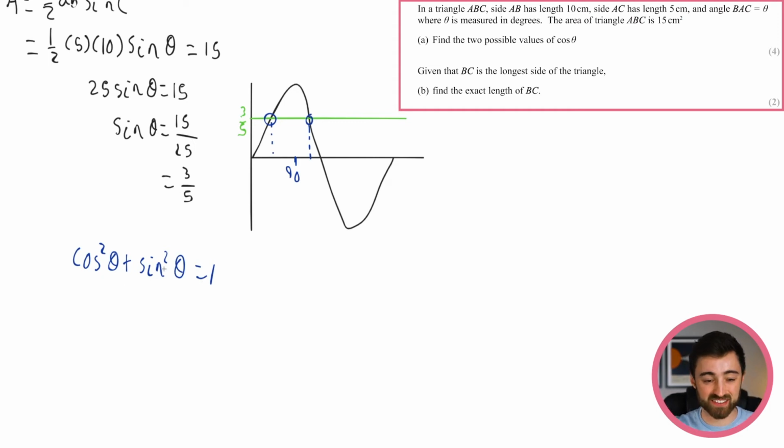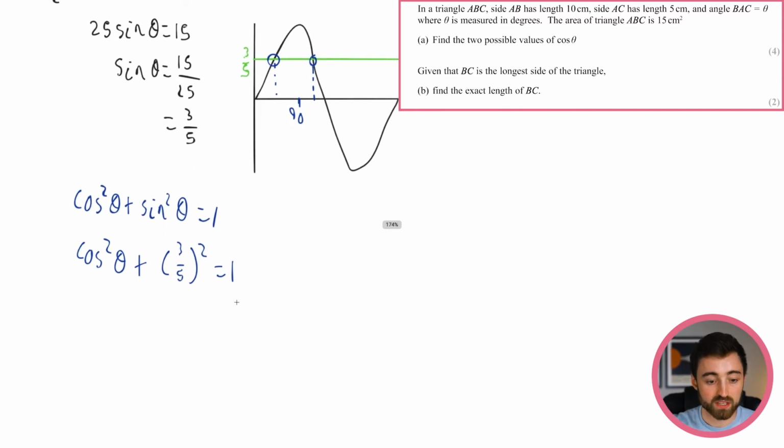So if sine theta is 3 over 5, I get cos squared theta plus 3 over 5 squared equals 1. So this is cos squared theta plus 9 over 25 equals 1.